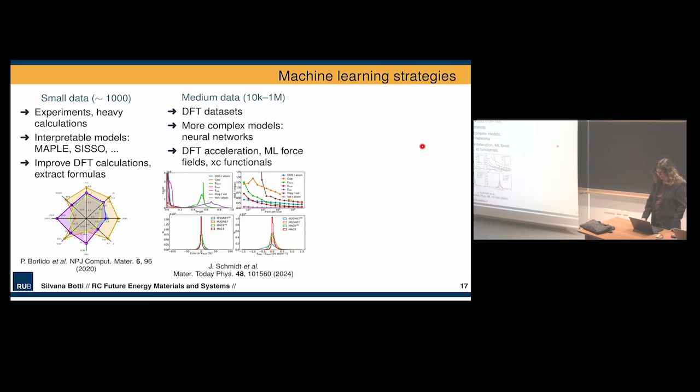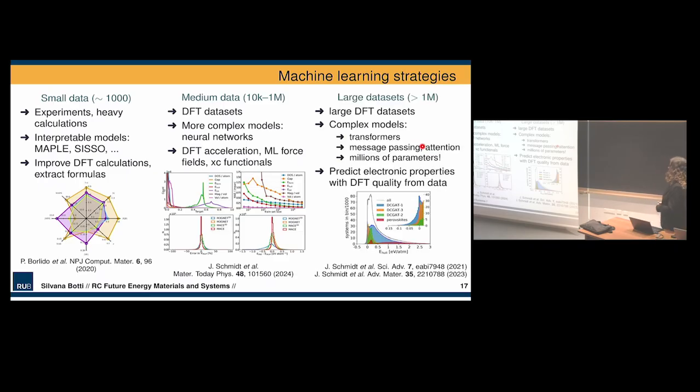There are many examples of this kind of calculation. And when one has a really larger data set, more than 1 million data points minimum, then one can really try to bypass completely and directly predict things without doing any calculation, not only to accelerate calculations.